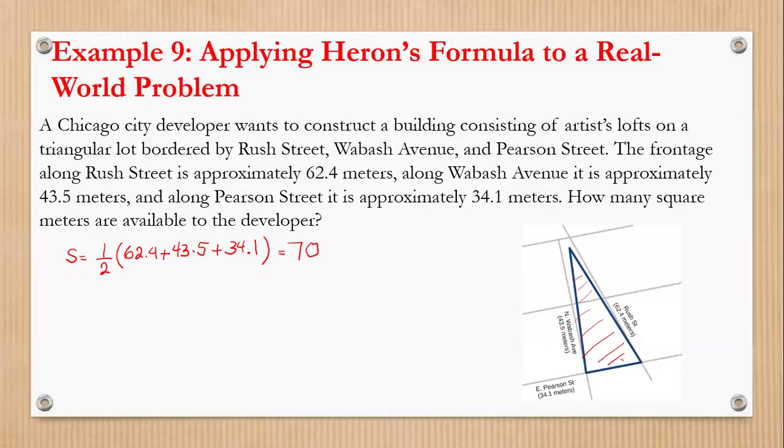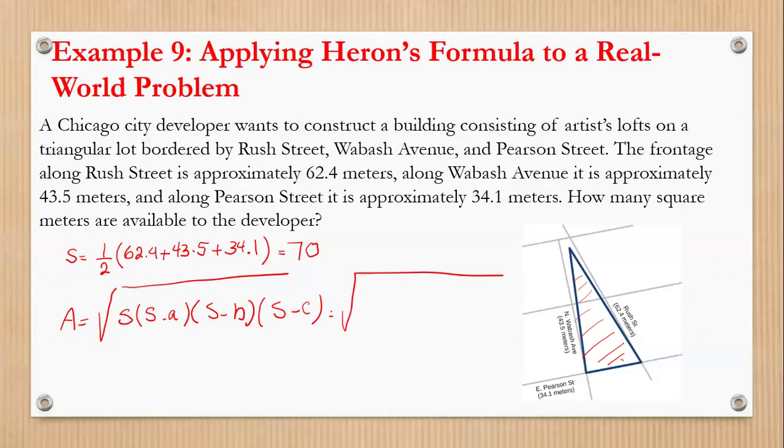Now I'm going to use Heron's formula. S times S minus A, S minus B, and S minus C. S is 70. 70 minus 62.4, 70 minus 43.5, and 70 minus 34.1.